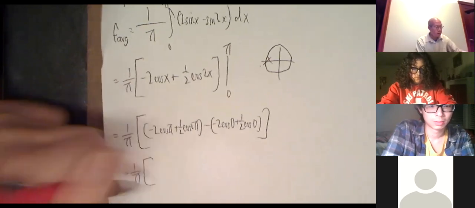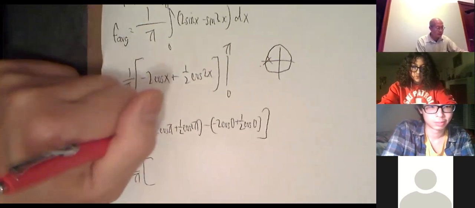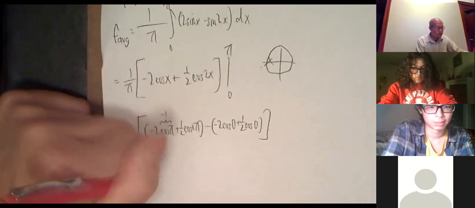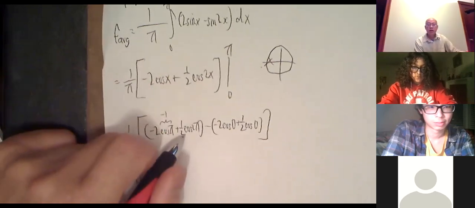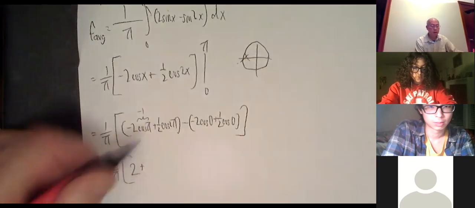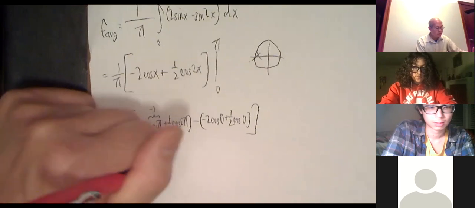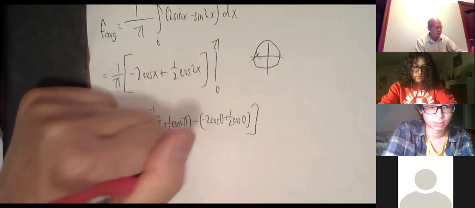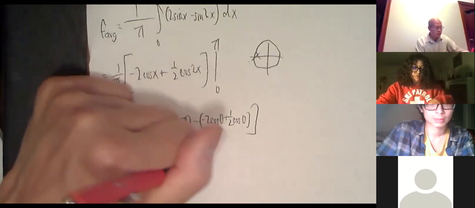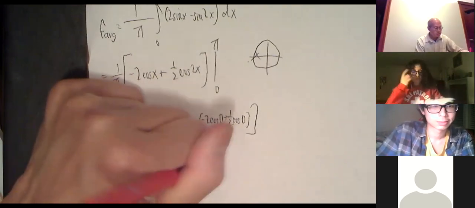So 1 over pi. Cosine of pi we said was -1, so -2 times -1 is 2. Cosine of 2 pi is the same as the cosine of 0, which is 1. So 2 plus a half, minus cosine of 0 is 1, so -2 plus 1/2.